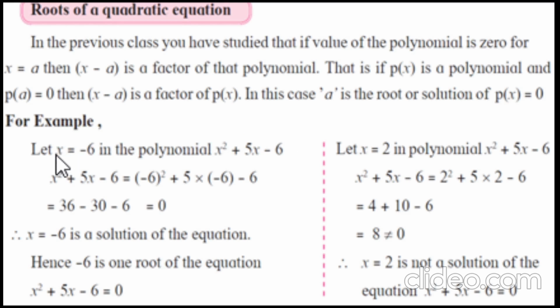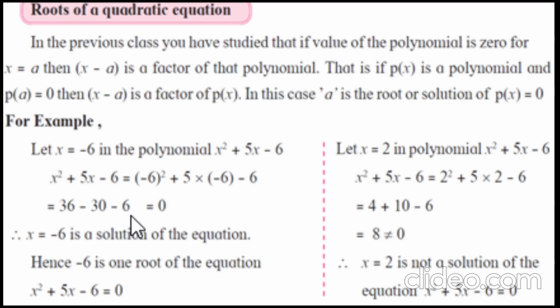For example, let x is equal to minus 6 in the polynomial x square plus 5x minus 6. So we have to put the value of x as minus 6. So (minus 6) square plus 5 into (minus 6) minus 6. Square of minus 6 is 36. 5 sixes are 30, so minus 30 and minus 6.